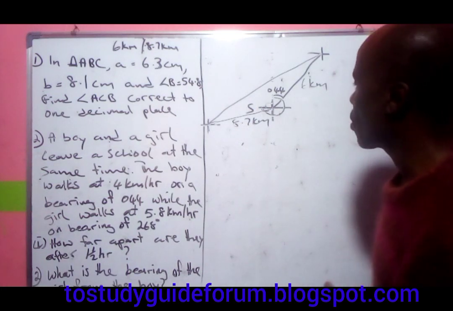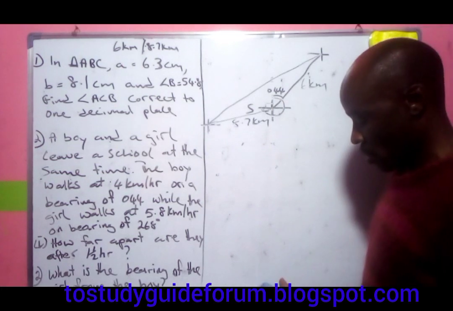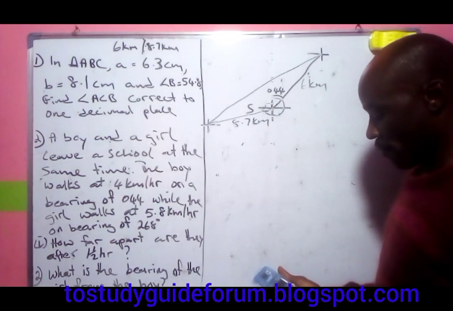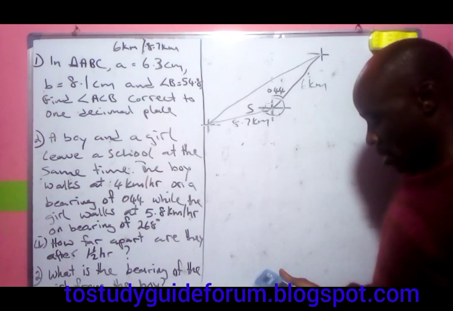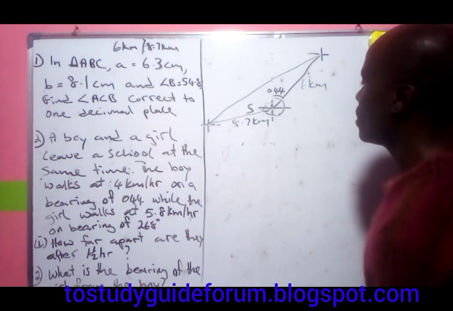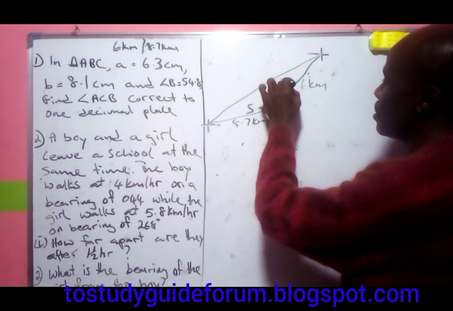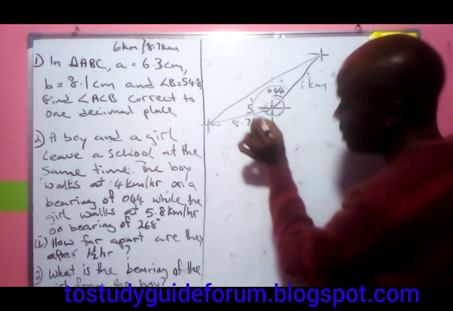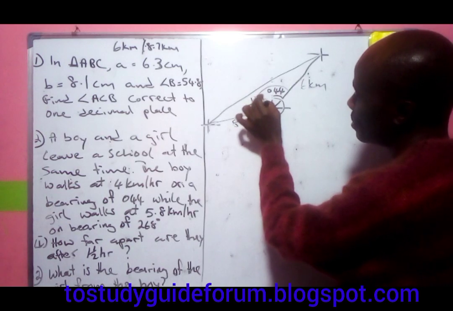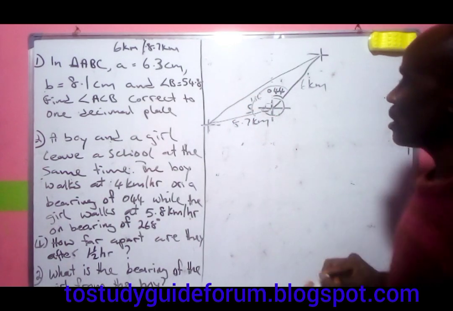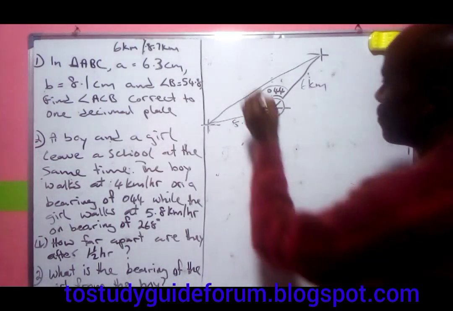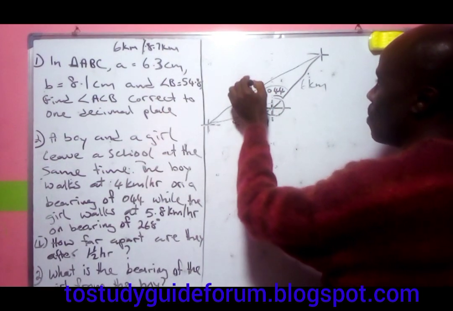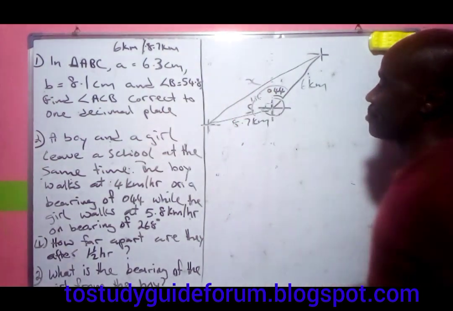Let's add it up to make up the whole angle: 44 plus 90 plus 2. The total will be 136 degrees. And we are looking for this place. Let's call this place X.